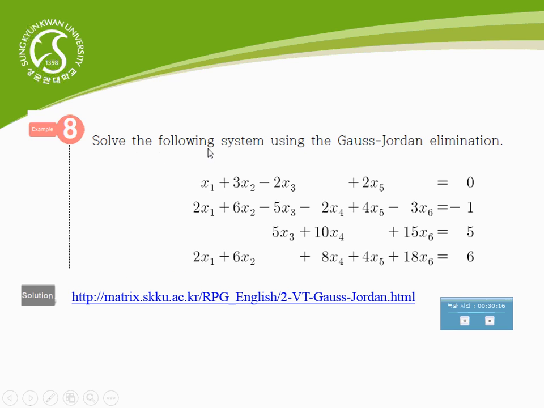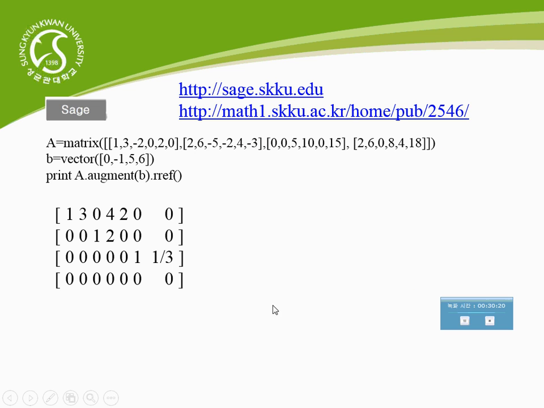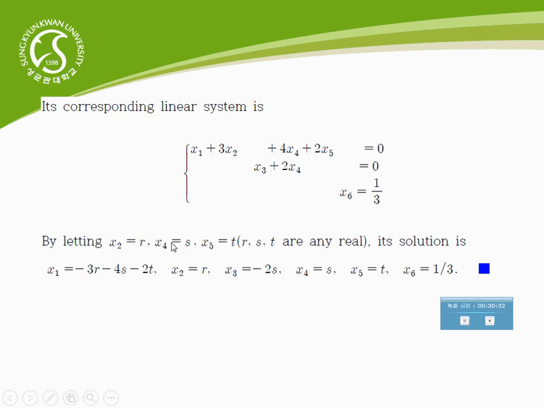Okay? Solve the following system using the Gauss-Jordan elimination. From here, then you can find the RREF like this. Then you have the 3 leading variables and 2 free variables. Let the 3 free variables be r, s, and t.